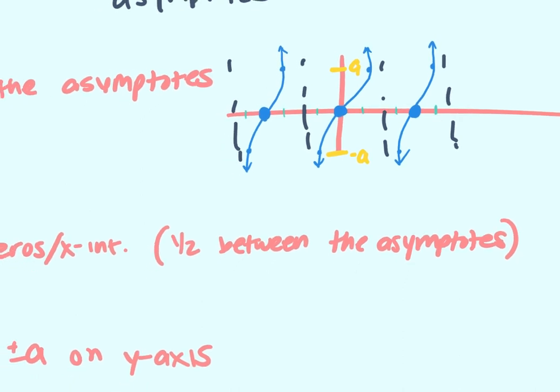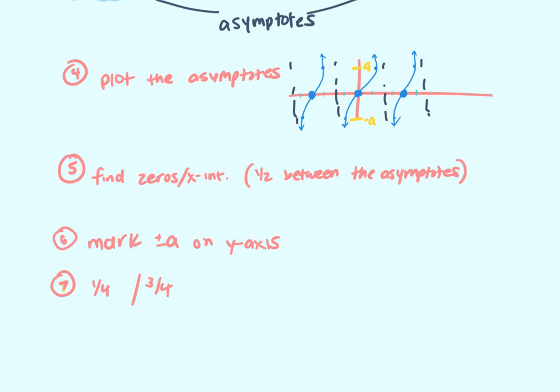And if there was a vertical shift, you move it up or down. So after I did all that stuff, I would then take my curve and I would shift it up if it said +1 or +2, and I would shift it down if it said minus.